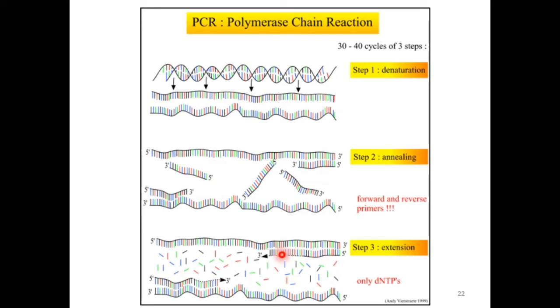And here, by the action of the Taq polymerase with the need of the dNTPs, there will be an extension of the strand so that you will end with two new complementary strands, and the cycle will be repeated again and again, so you will end with the exponential replication of the target DNA that you need. You have millions of copies of the DNA that we are interested in.